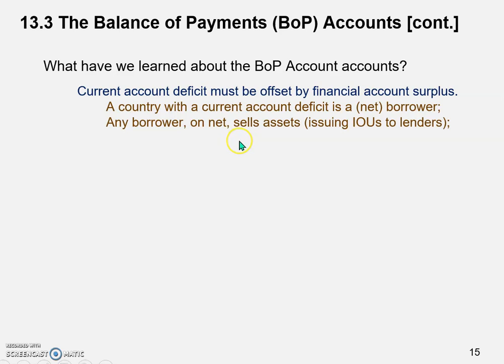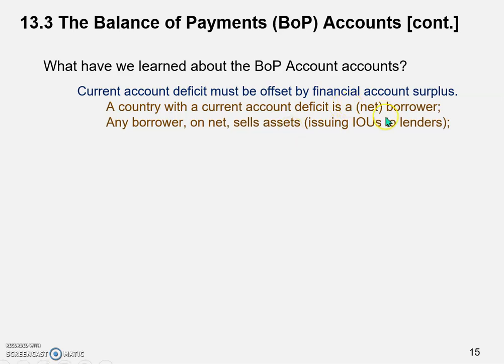Now, any borrower or lender sells assets, in other words, issues IOUs to the lenders. Again, at the individual level this is pretty easy to understand: if you borrow from banks, you write a contract saying, I owe you this much money.